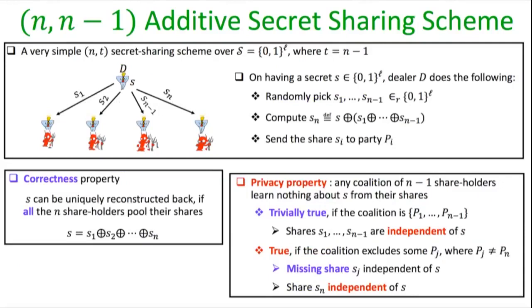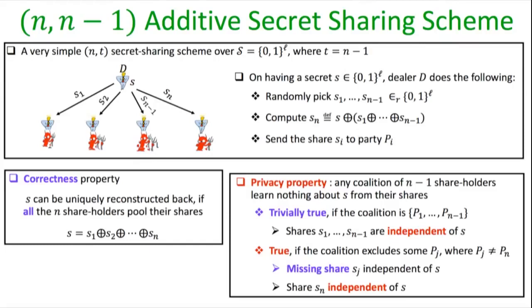So it's like saying if n is equal to say 100, and if you have distributed your secret among 100 participants, the distribution should be done in such a way that even if 99 people come together with their shares, they should fail to find out what exactly was the secret which is shared. Only when all the 100 participants come together, they should be able to get back the secret.